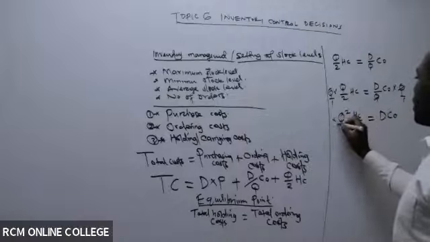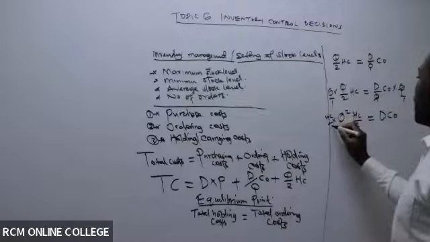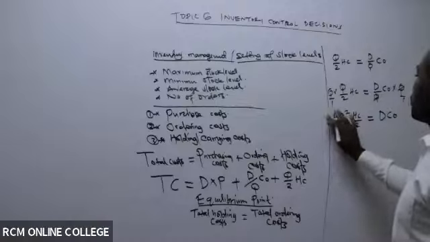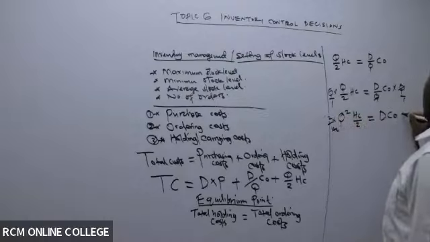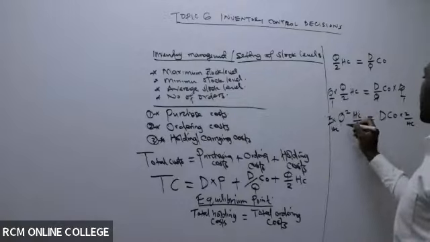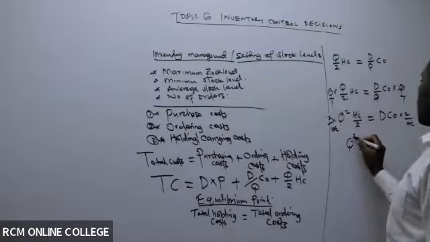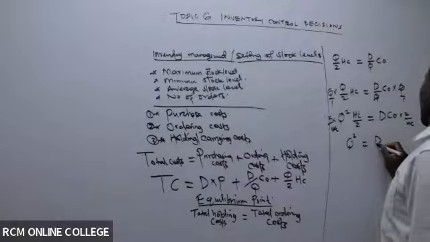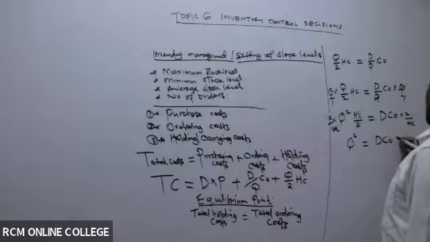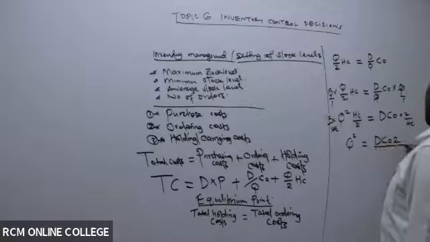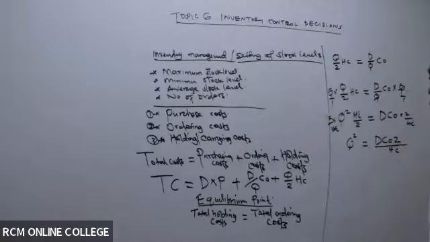So we'll be multiplying by 2 over holding cost on both sides. Again, this will cancel out. So we are having Q squared is equal to demand times ordering cost times 2, then we divide by holding cost.